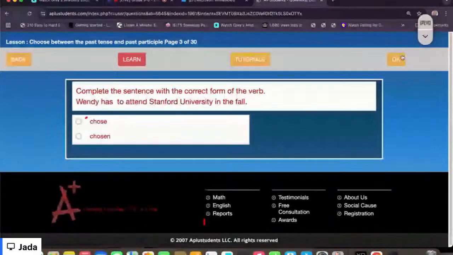Okay. Wendy has chose or chosen to attend Stanford University in the fall. So remember that the perfect verb tenses use has, had, or will have. Choosing or chosen?